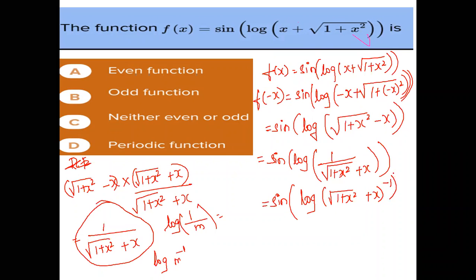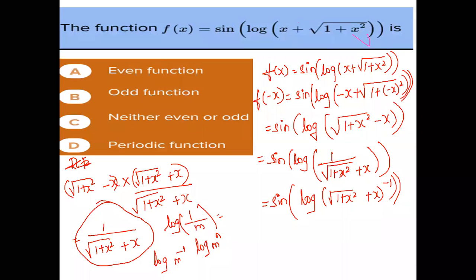But we know that, what is log m to the power n, students? N log m. Good, Ranjita.